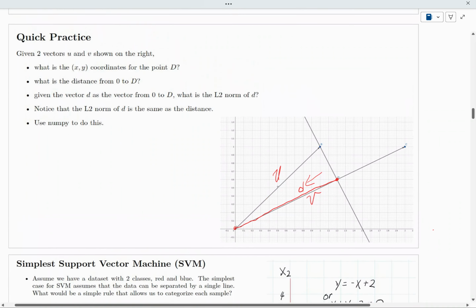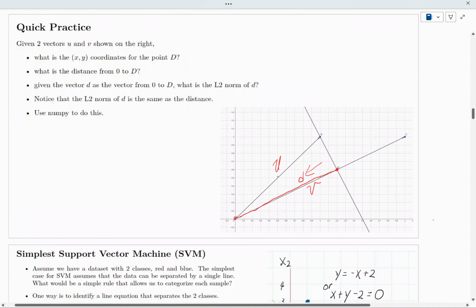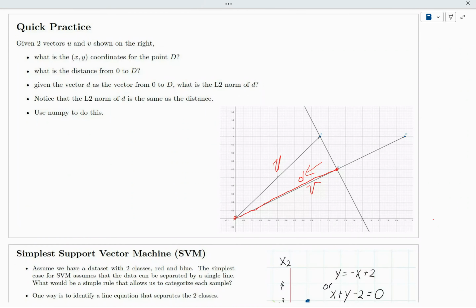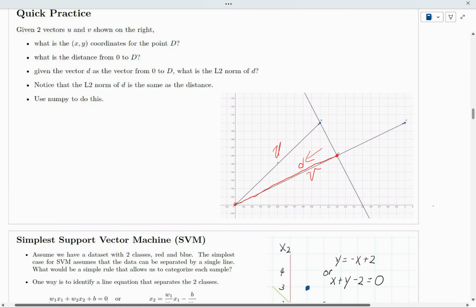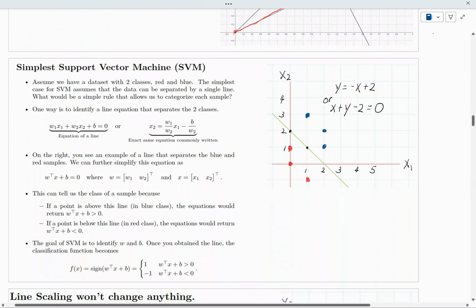If you want, go back to the video a couple of times to make sure you understand these concepts, because we're going to be using them for the actual algorithm itself. The algorithm, in the simplest form of support vector machine, assumes that we have two categories. We'll call this the blue category 1 and the red category 0.